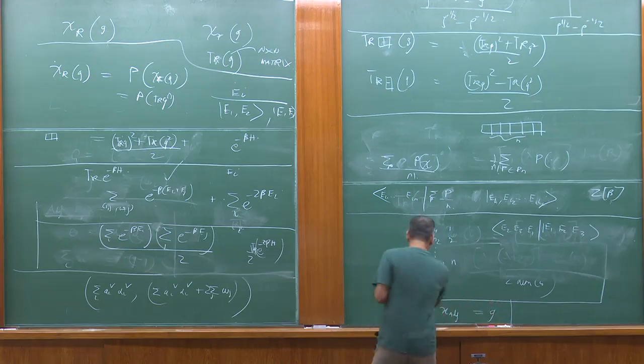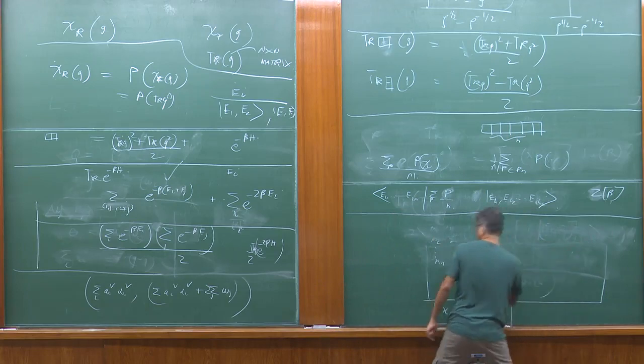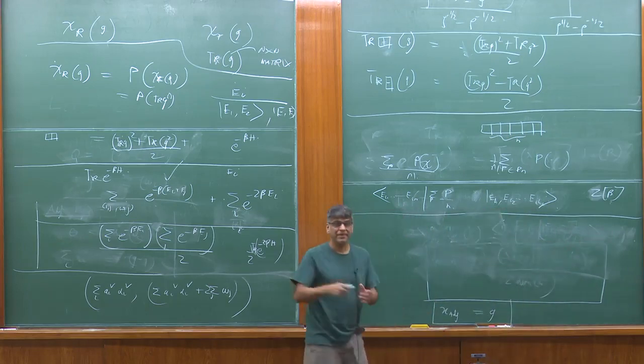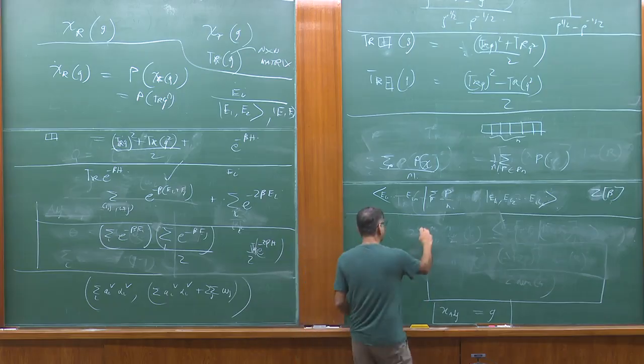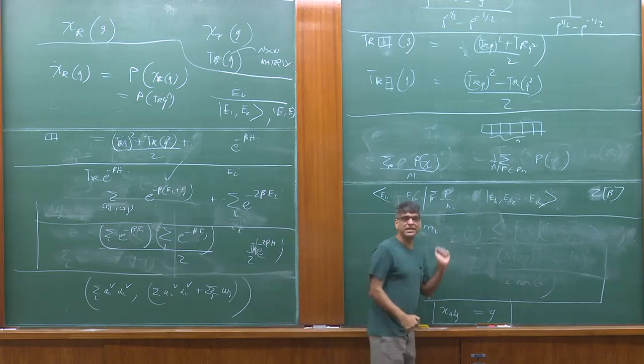Okay. So let's say there are these equivalence classes of permutation elements. Equivalence classes are labeled by m_i, the number of cycles of length i.